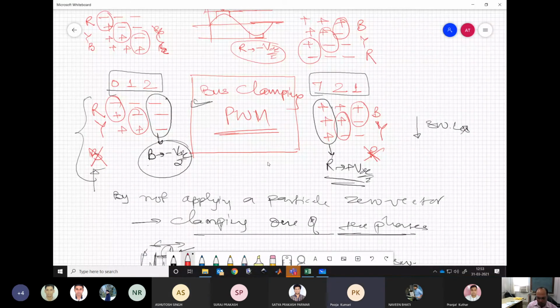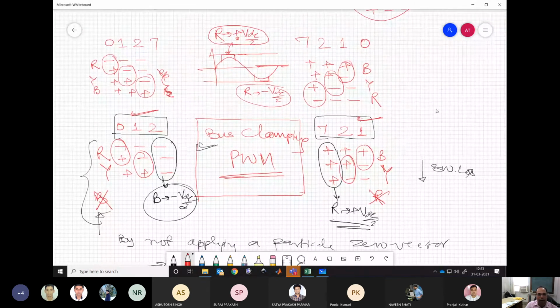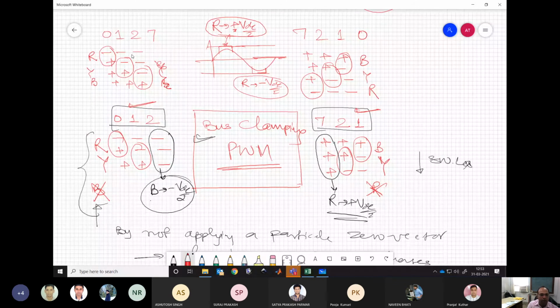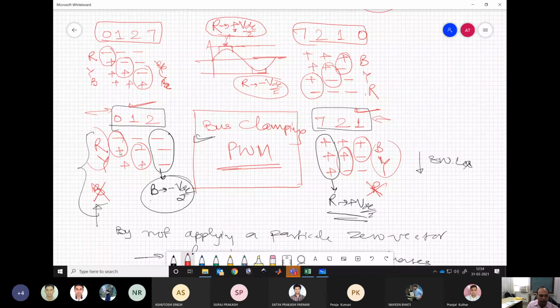So now, whatever we were doing with the modulating signal, adding the common mode and all, we are doing through the sequence here. So instead of applying the general sequence, which in the conventional space vector is 0127 or 7210, where every phase is switching once, we can have only 012 or 721, where only two phases are switching now, either RY or BY.